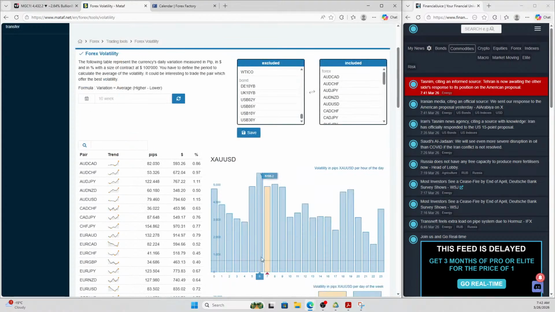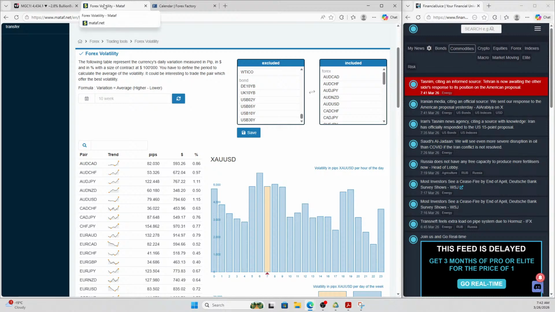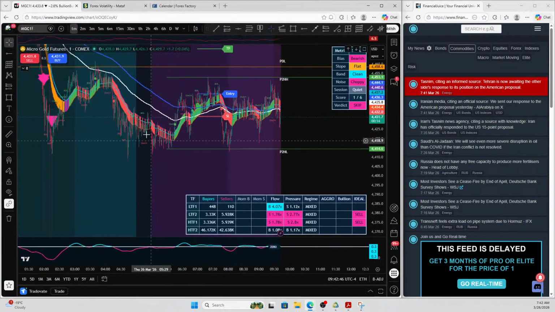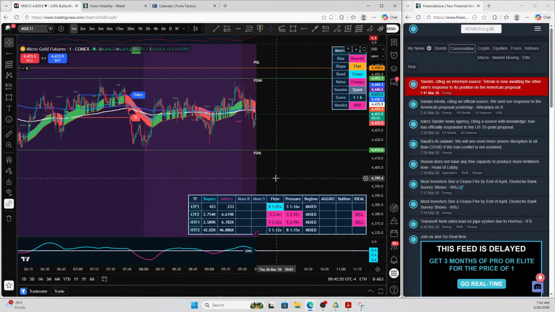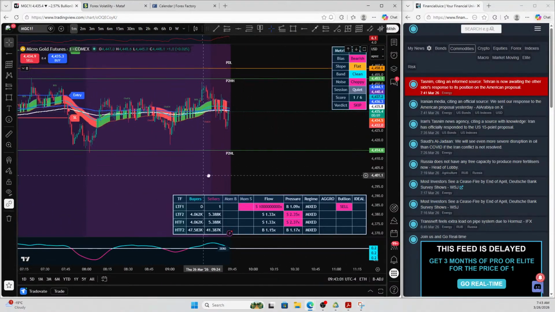Okay, so it is the 6 a.m. right here, pretty much what we had yesterday. Let's check the previous hour. Okay, so the range is from 453 to 414. However, there's no clear direction. It's pretty much range bound.